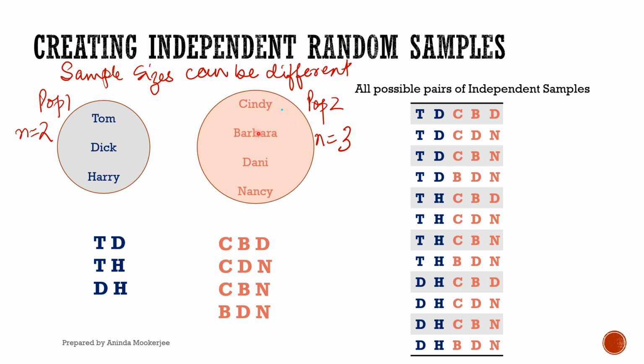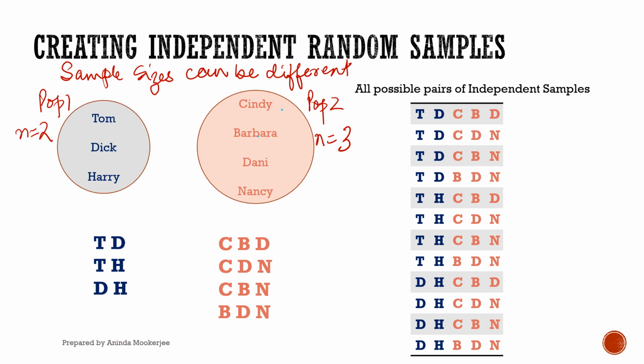So they have come up with all possible samples of size 3 that can be derived from a population of size 4. So CBD, Cindy, Barbara, Danny, then CDN, Cindy, Danny, Nancy, CBN, which is Cindy, Barbara, Nancy, and finally BDN, Barbara, Danny, Nancy, and then they have put these combinations together.